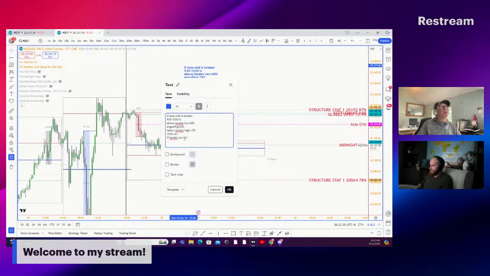If we're up above Asia, it means that at some point we've taken out the Asian mid, which I'm going to need to account for in the settings. Wait, are you not? Yeah, that's what I'm saying. You should be pulling the probabilities of this mid being broken. Yeah, so that would be between 3M and 930, right? Sorry, so I just need to make an adjustment there.